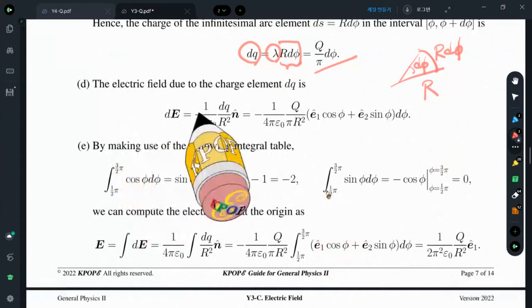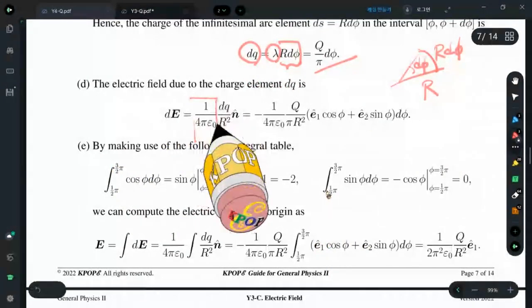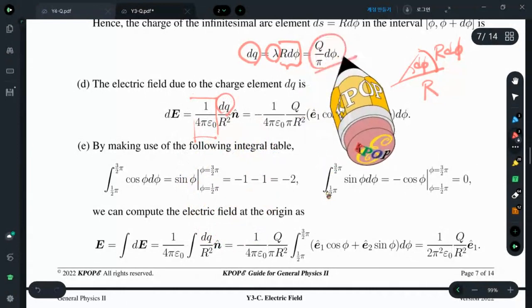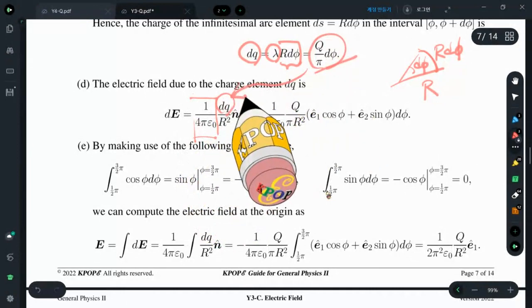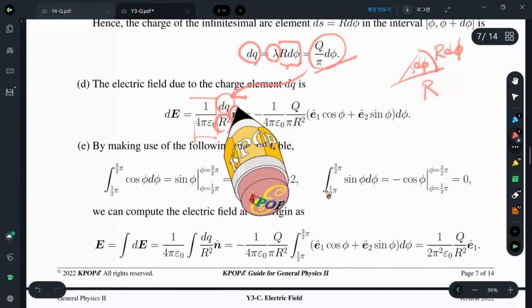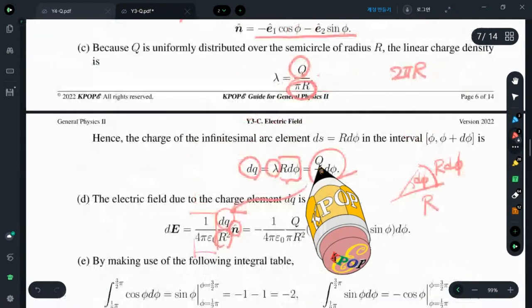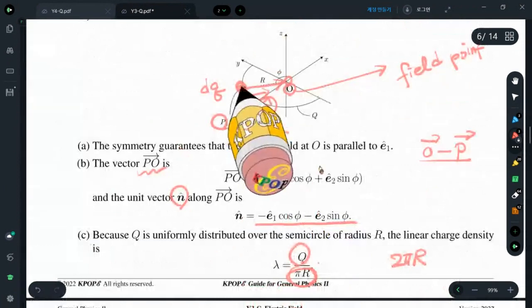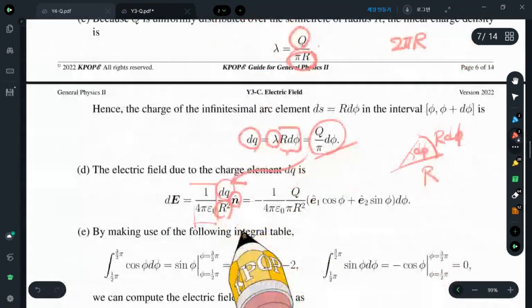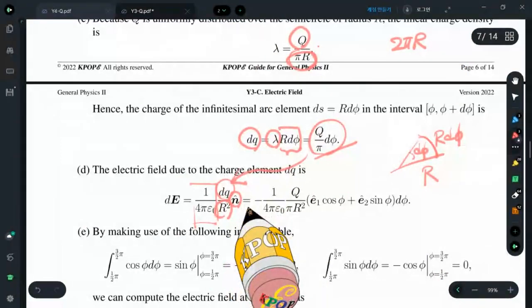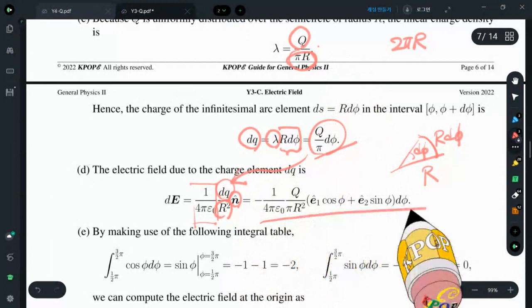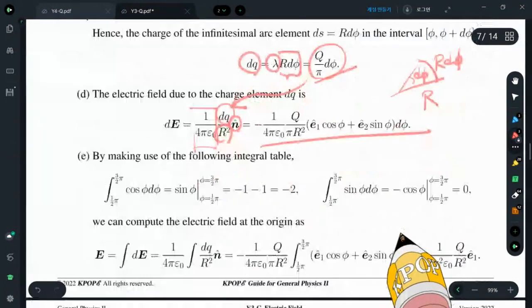The electric field can be computed as 1 over 4 pi epsilon 0, charge, we substitute this one, divided by the distance squared, and n hat is the direction from the charge to the field point, right? So we multiply the unit vector in here. Combining everything together, we find this.